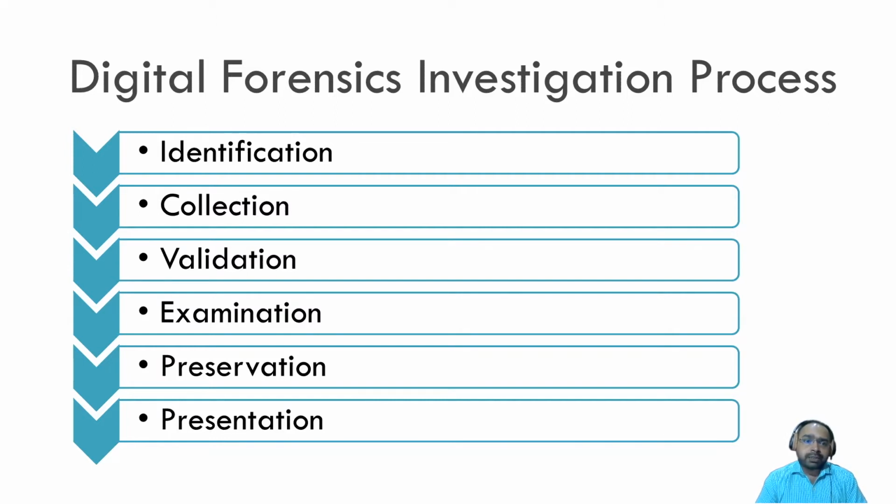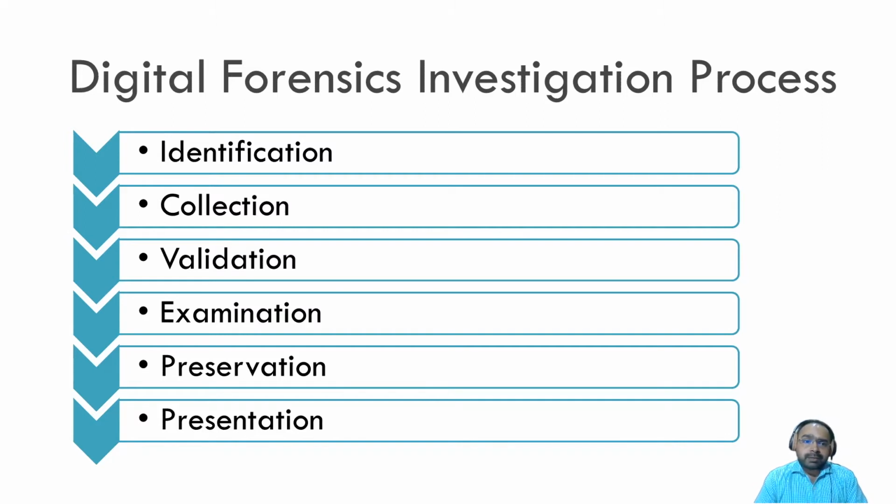In live forensics, they will collect the data from the most volatile location of the system. There is an order which is defined in the investigator's manual. The investigating officer has to collect the data from the most volatile section of the system to the least volatile section. The most volatile data we can consider is the data stored in RAM, and the least volatile evidence we can consider is the data stored on the hard disk.